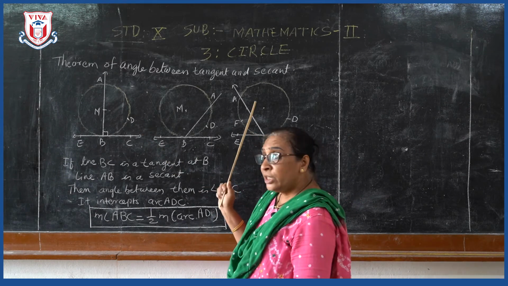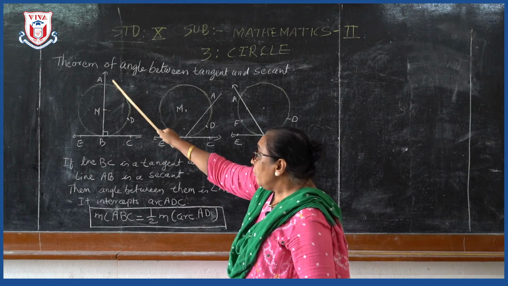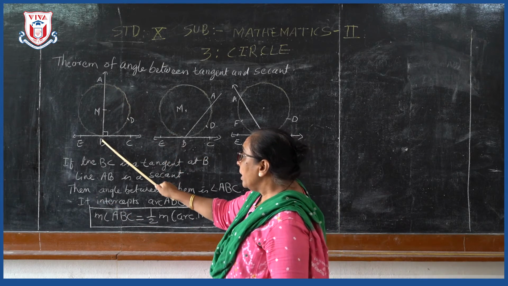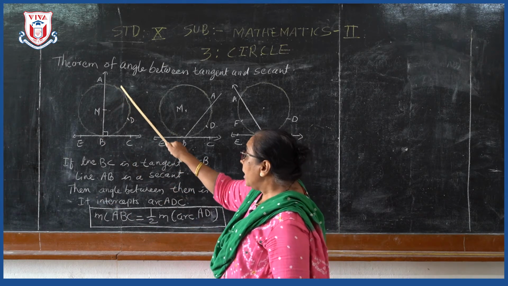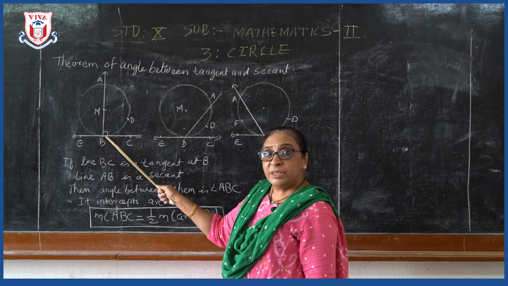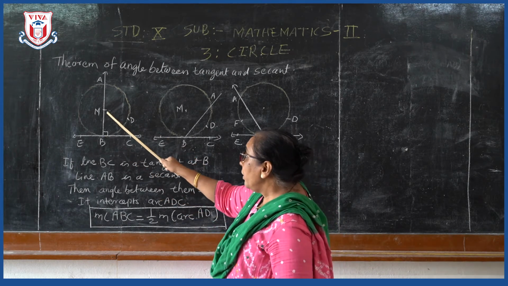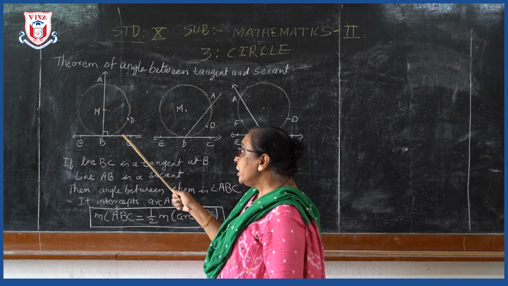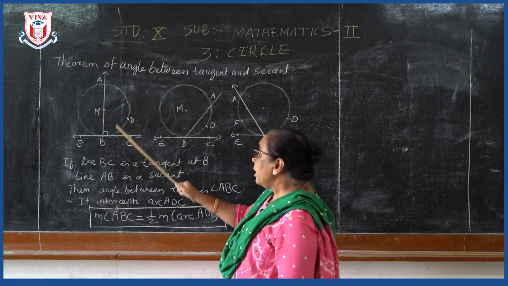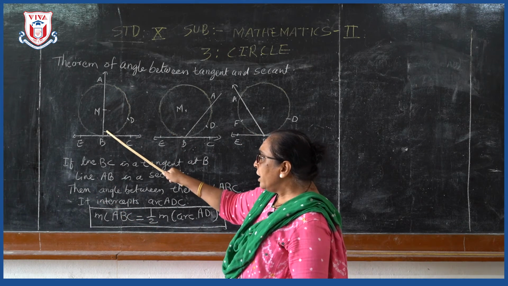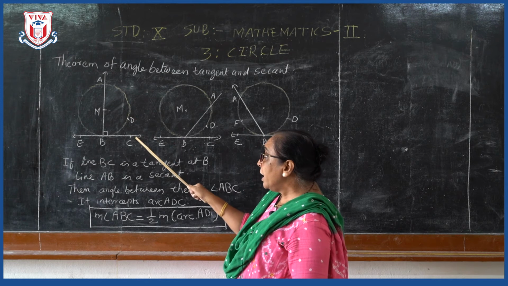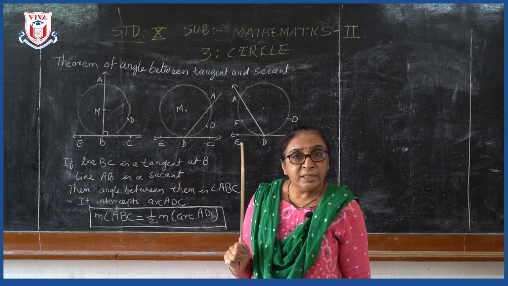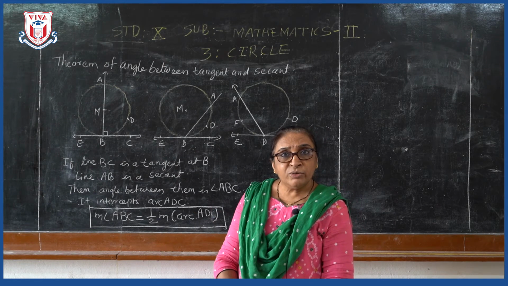The tangent theorem, in the first figure, can be proved very easily. If AB is a diameter, then arc ADB is a semicircle, and we know that the radius is always perpendicular to the tangent at the point of contact, and therefore angle ABC is 90 degrees, and arc ADB, as it is a semicircle, is 180 degrees. So the relation is what?